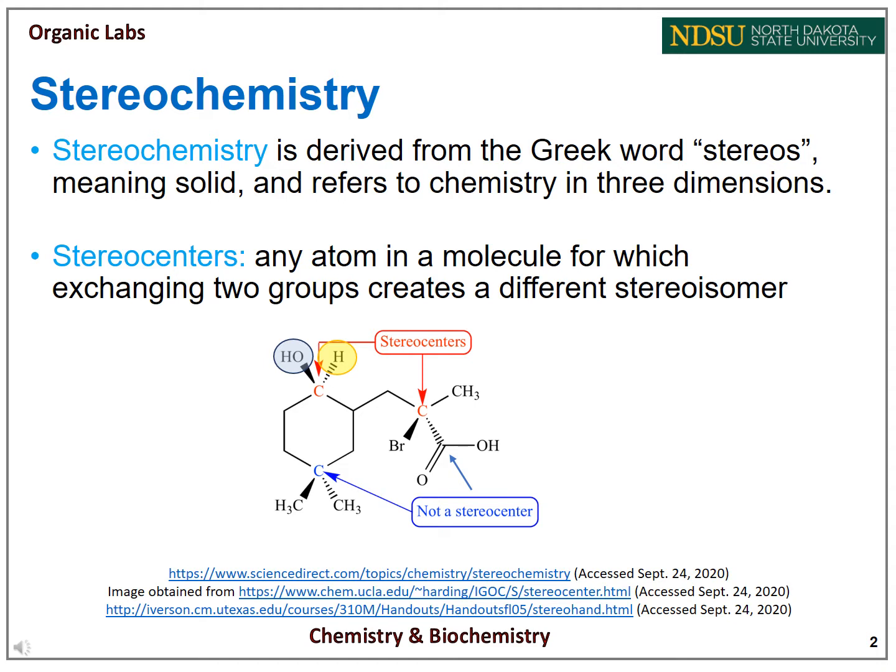But if I were to exchange these 2 methyl groups, the resulting molecule would look and be the same, and therefore this is not a stereocenter. Similarly, the carbon of the carboxylic acid is not a stereocenter due to only 3 substituents attached, as carbon stereocenters must be bonded to 4 different atoms and be sp3 hybridized.